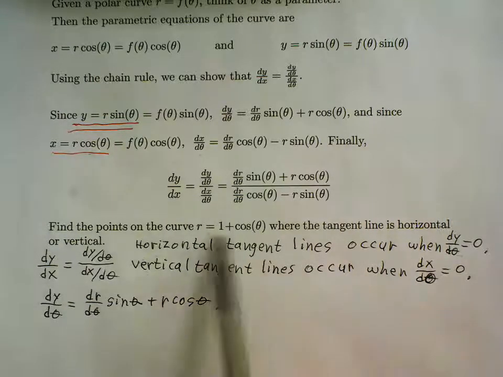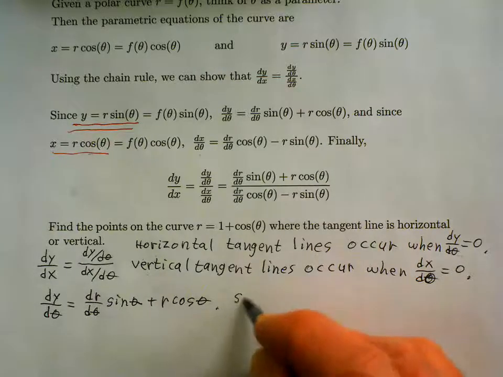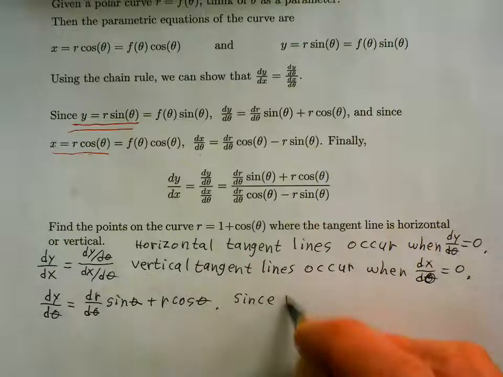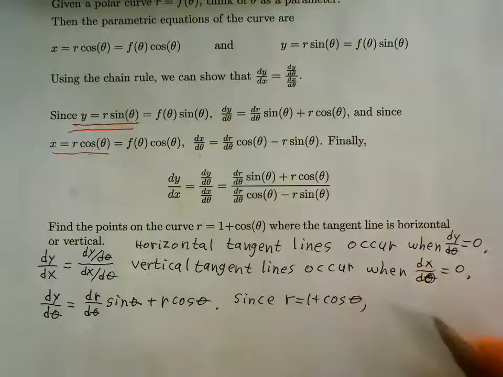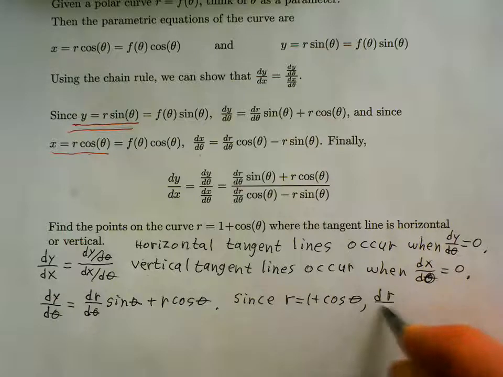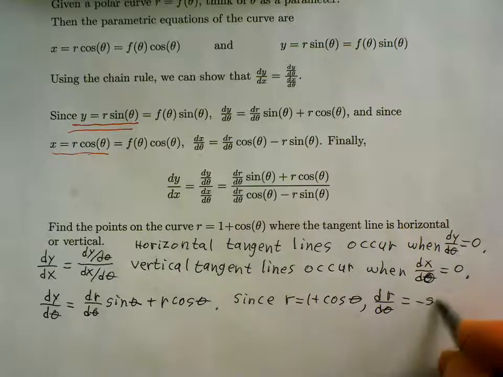Okay, but since r equals 1 plus cosine of theta, first, the derivative of r with respect to theta is negative sine of theta.